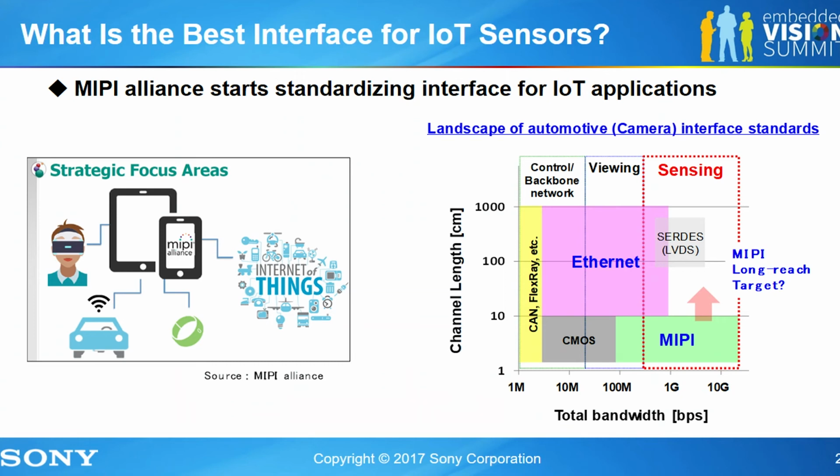MIPI is also now in automotive, but with limited channel length. So the point is, of course, we are targeting sensing applications, so those interfaces with longer reach and much higher bandwidth should be standardized.